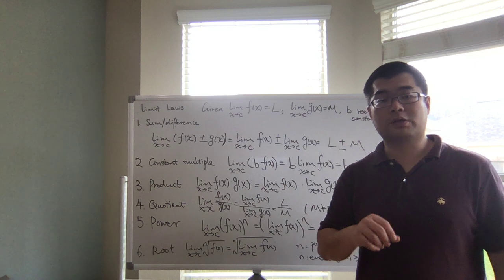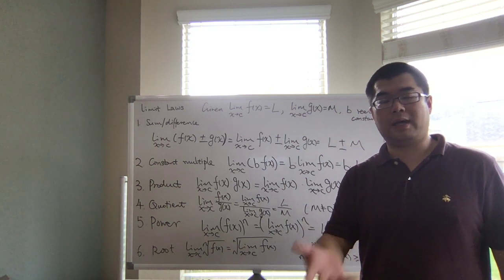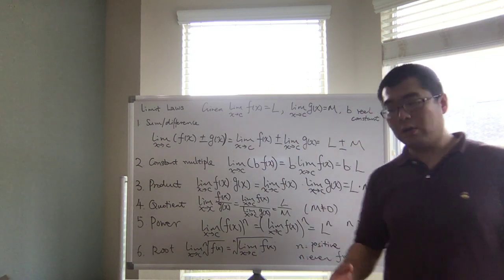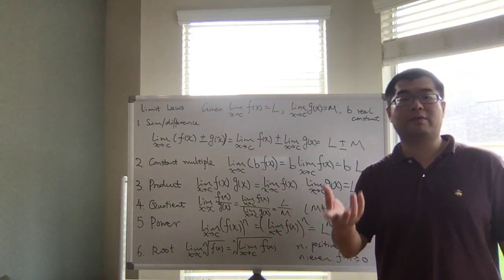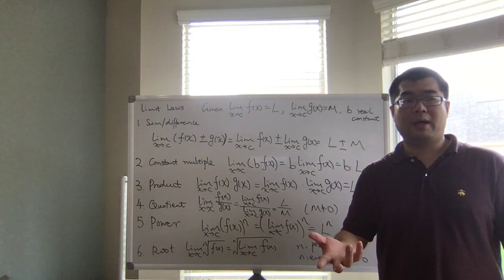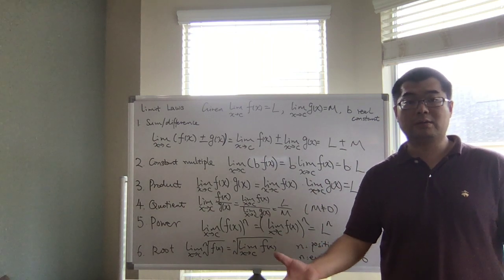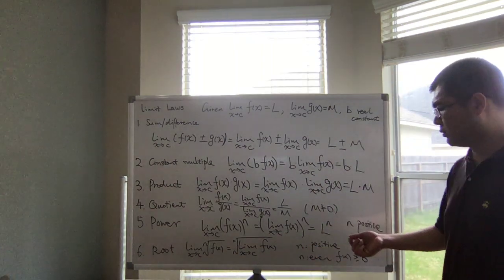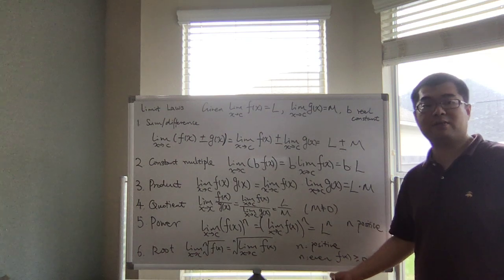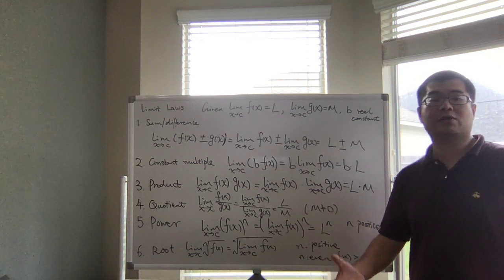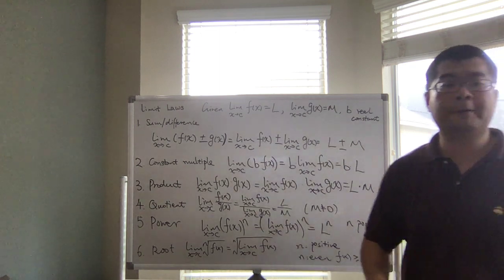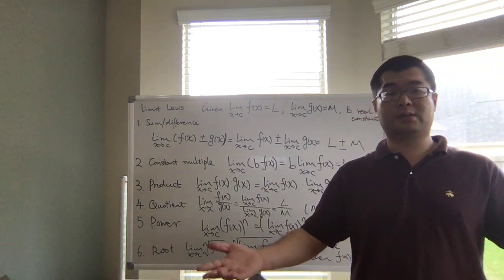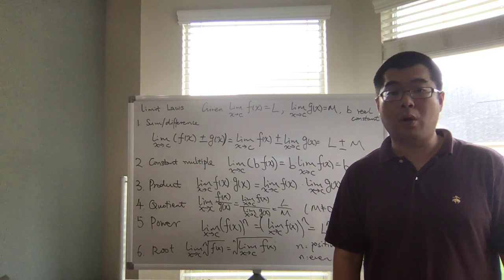Of course, this n should be positive, and also remember, guys, that if you have a square root, the inside of the square root must be non-negative, right? So a little more restriction: if n is even, you have to make sure that your function is greater than or equal to 0. So those are the 6 basic limit laws.